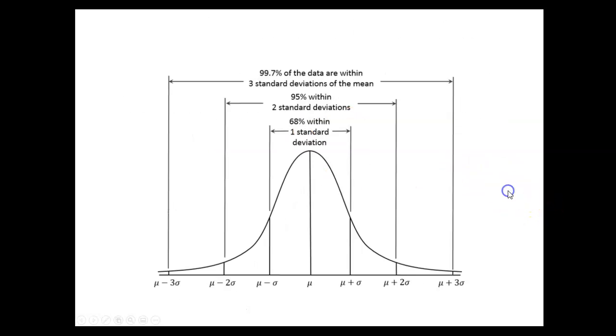So if the sample is large enough and the distribution is normal, again, so think we don't have any extreme scores pulling the mean in any direction, 68% of the cases will be within 1 standard deviation. 95% of cases will be in 2 standard deviations, and then almost all of the data will be within 3 standard deviations of the mean.